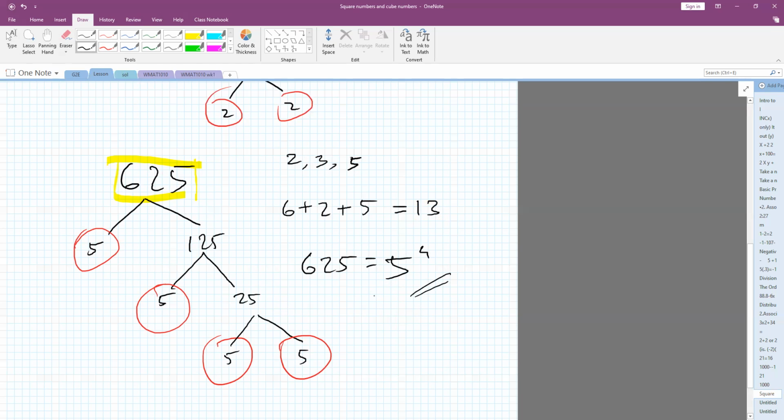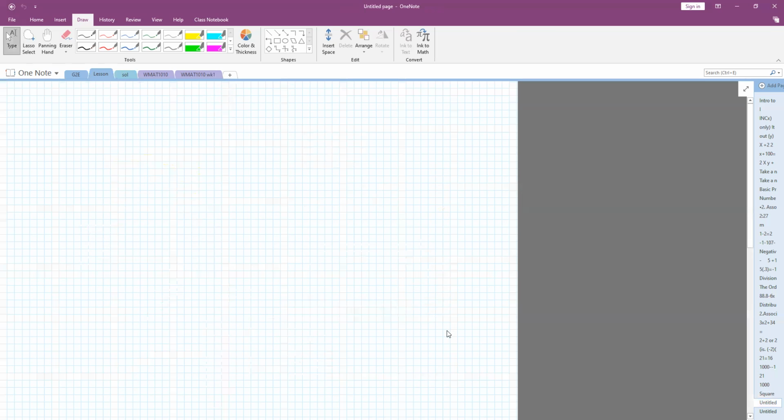We will do some practice with this later. Now, what I want to talk about is the square number. The idea of a square number is simple. When you do 1 squared, that gives you 1.